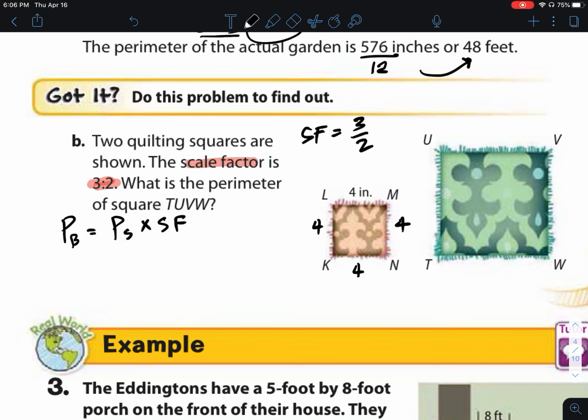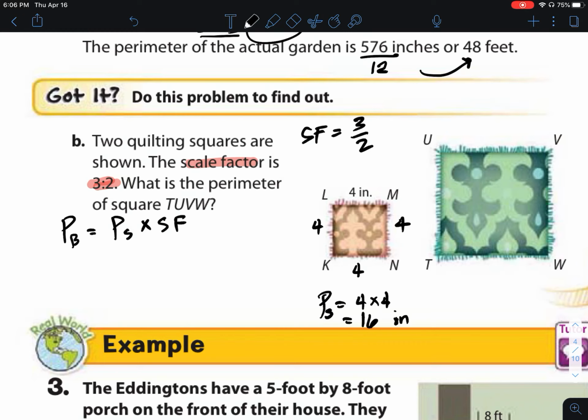To find the perimeter of my square, this is simply 4 plus 4 plus 4 plus 4, or 4 times 4, which is 16 inches. So the perimeter of my small quilt, or my small square, is 16 inches.